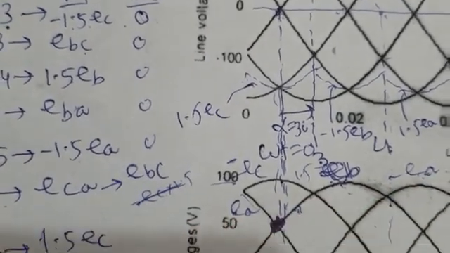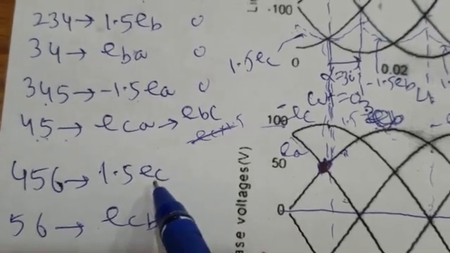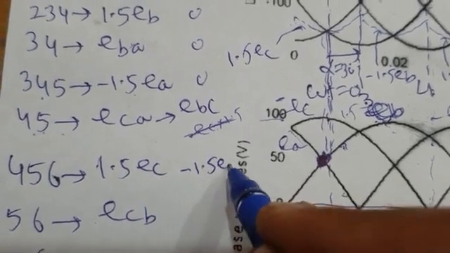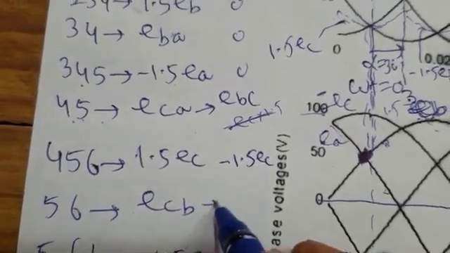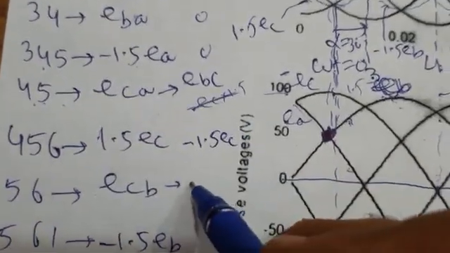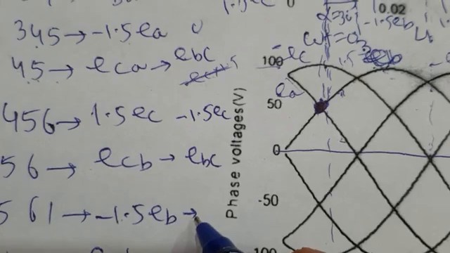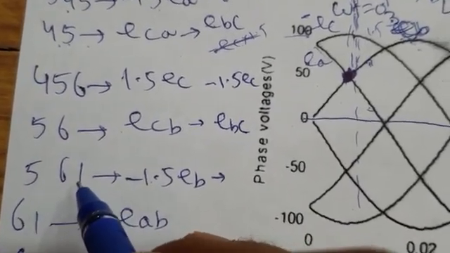Yeah. Then 4, 5, 6 is conducting. If load voltage is plus 1.5 EC, I have already told you that valve voltage will be minus 1.5 EC. Then 5 is again conducting here. 5 ऊपर भी conduct कर रहा था, so valve voltage was EBC, it will remain EBC. Then during this period, 5, 6, 1 valves are conducting.